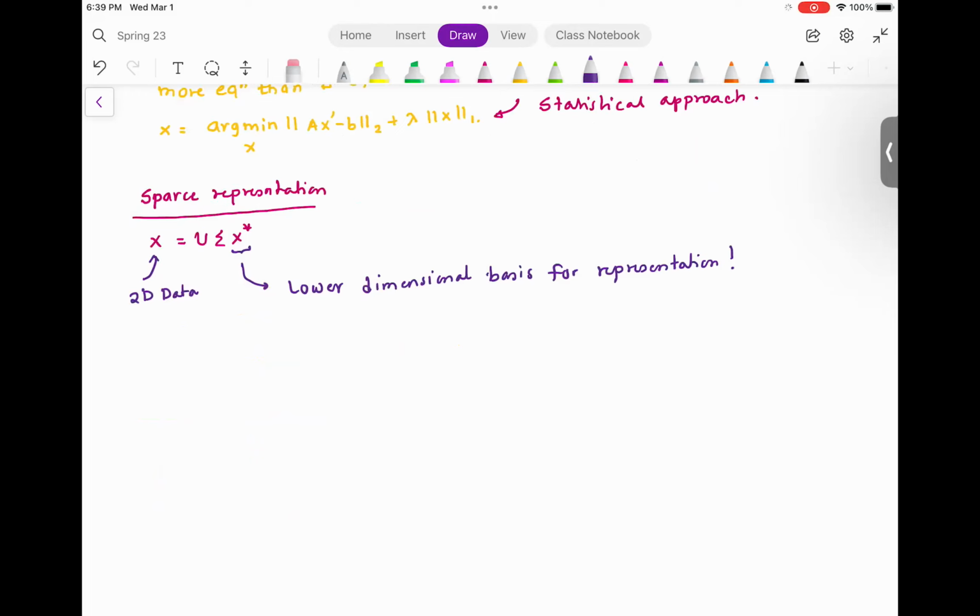Now, we actually talked about SVD. We also talked about the principal component analysis, or something called the PCA. So what we do for PCA is we take the data, we subtract the mean, and then we perform the SVD, and that gives us the principal dimensions where that data is sort of scattered.